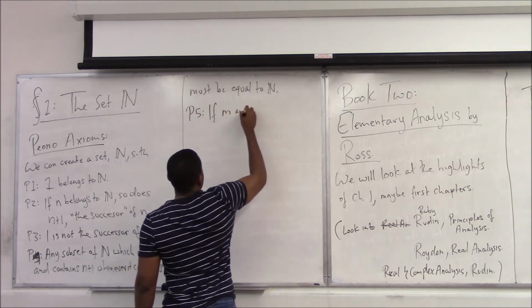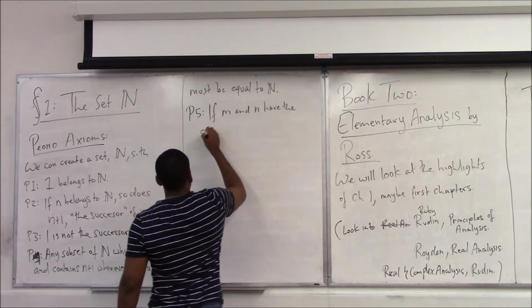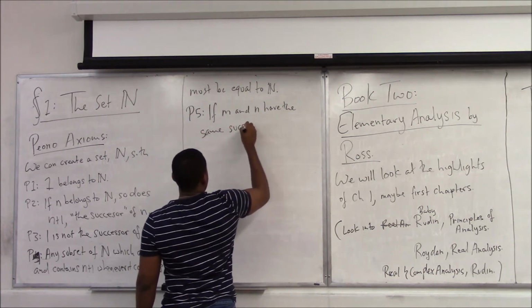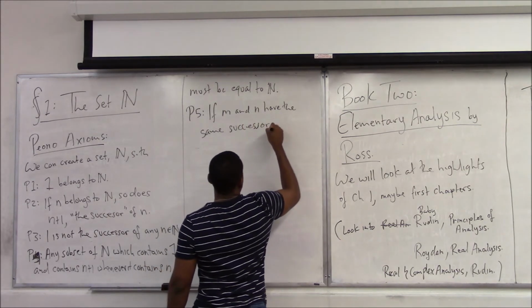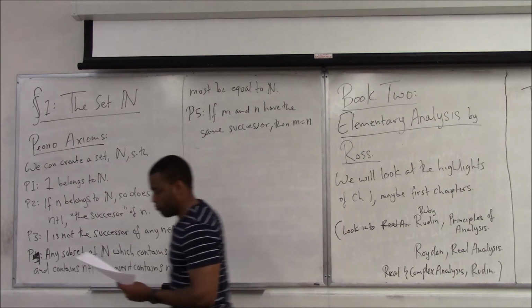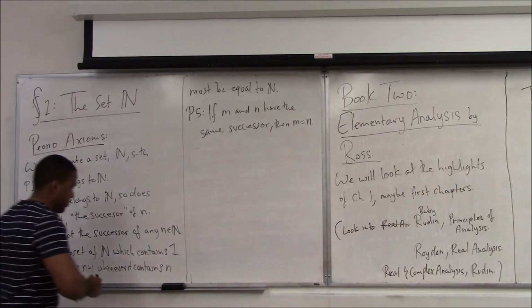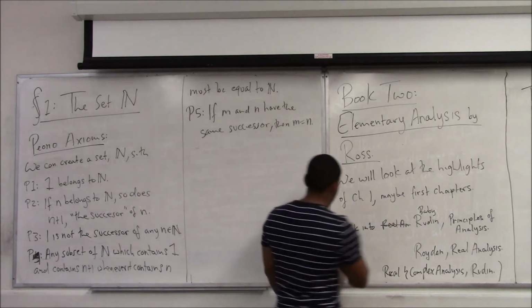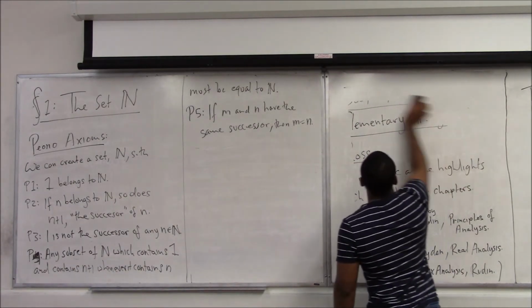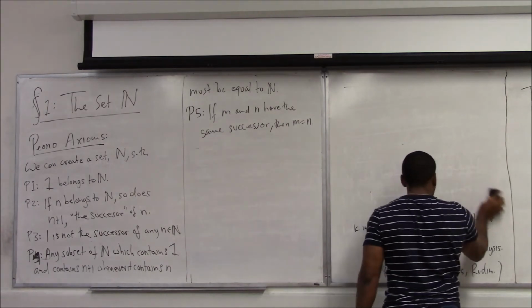So they like to end with that one, but I guess I forgot to copy this one. If m and n have the same successor, then they must be the same number. Those axioms define the natural numbers.